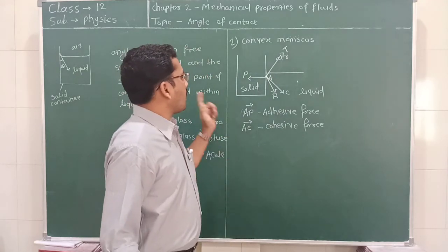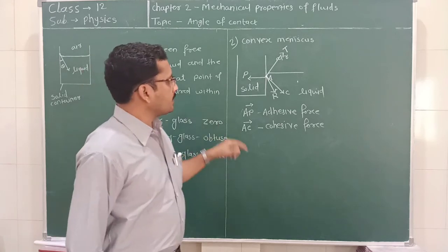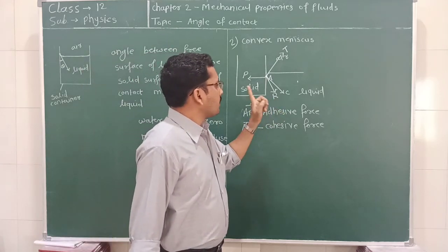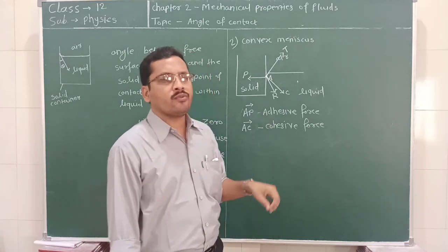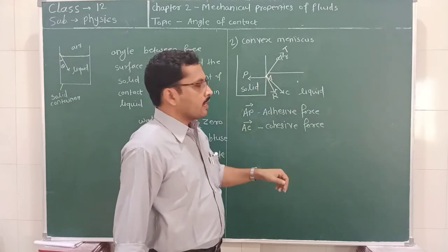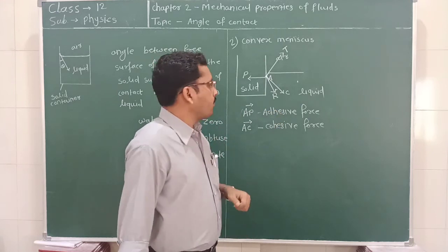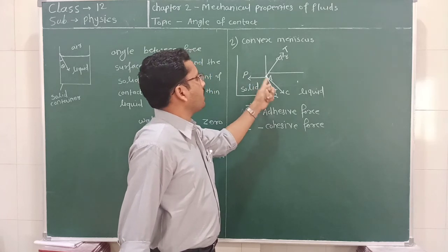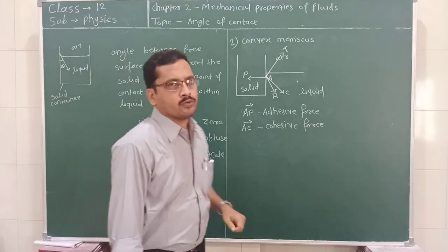When we take mercury and glass, the dominant forces are the cohesive forces, due to which the molecule A creeps up against the solid surface, and therefore the meniscus becomes convex and the angle of contact is obtuse.